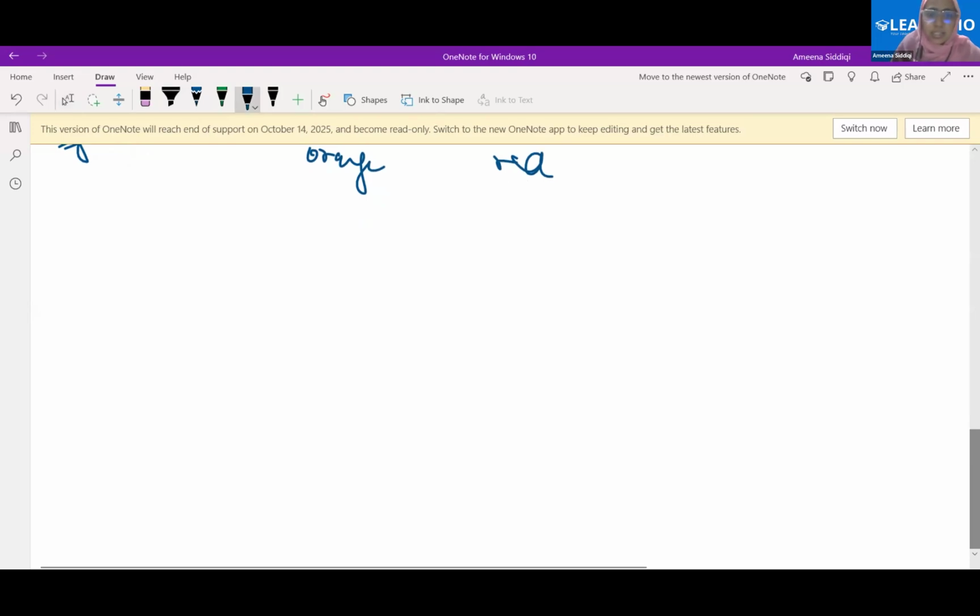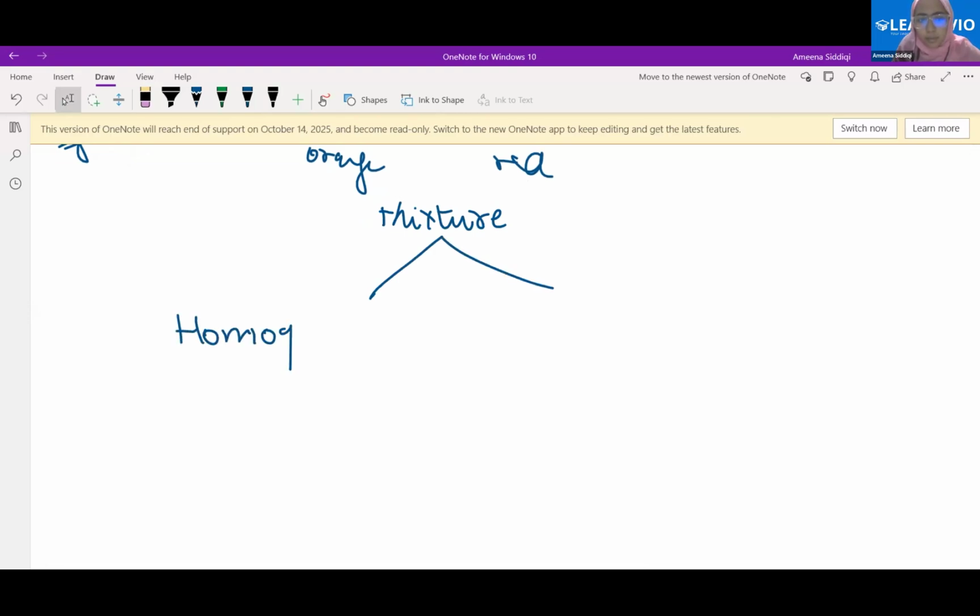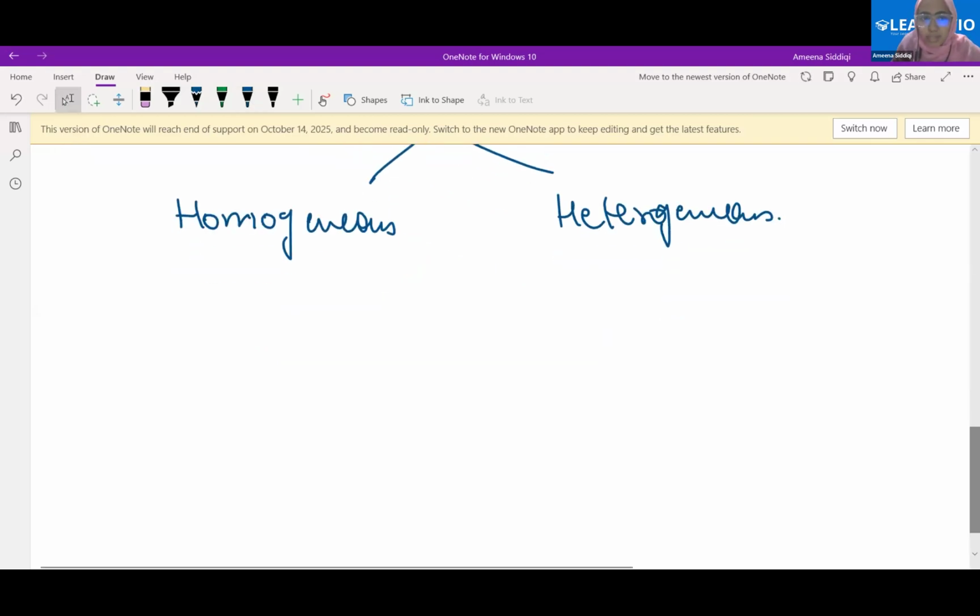Okay. Now mixture further is divided into two types: homogeneous and heterogeneous. See, homo means same. Hetero means different.